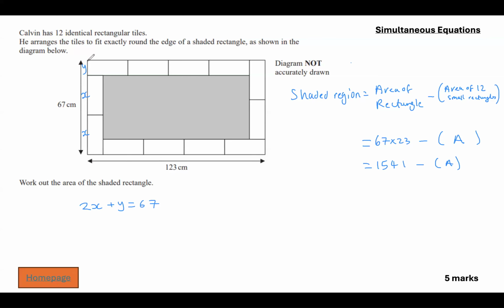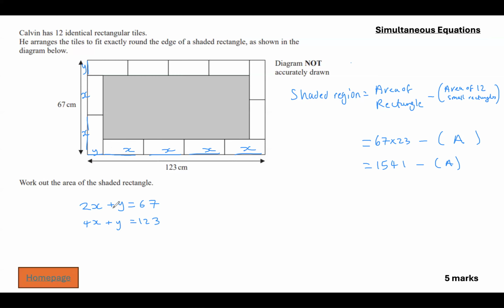Now, since we have two variables, we need to form another equation with two variables as well. So if this is y, then this bit is going to be y, and if this is x, this length is also going to be x. So 1, 2, 3, 4x plus y must be equal to 123.